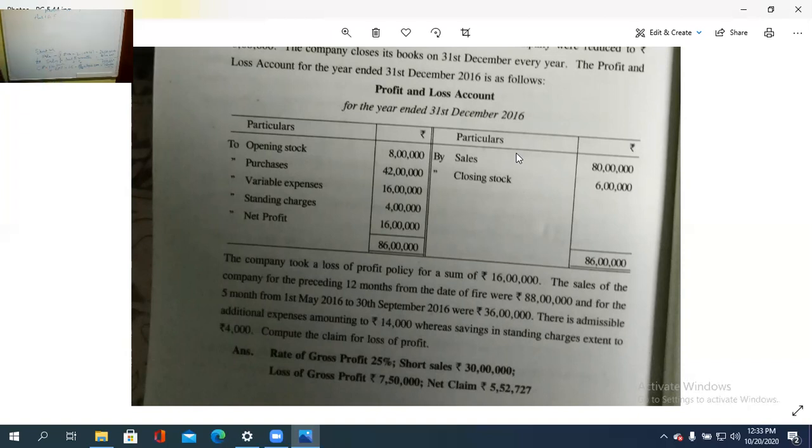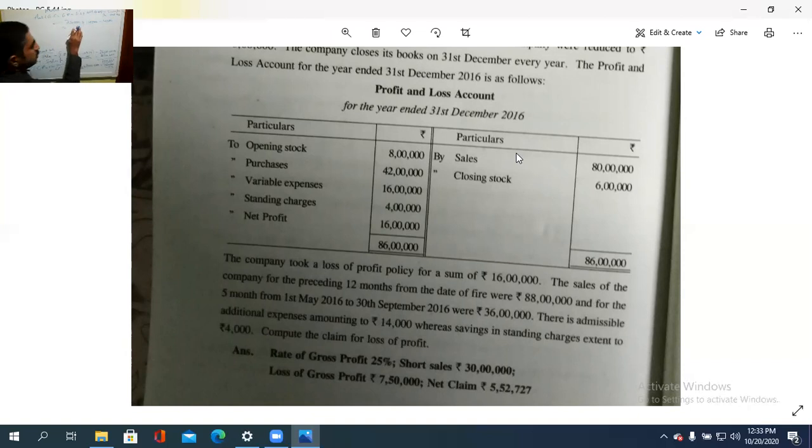That is equal to gross profit on short sale plus additional admissible expenses minus savings from insured standing charges. So GP on short sale is 7,50,000 plus additional expenses, 14,000 minus 4,000.